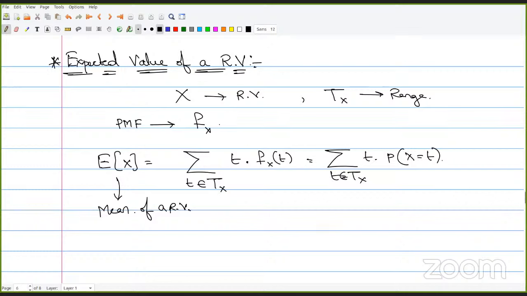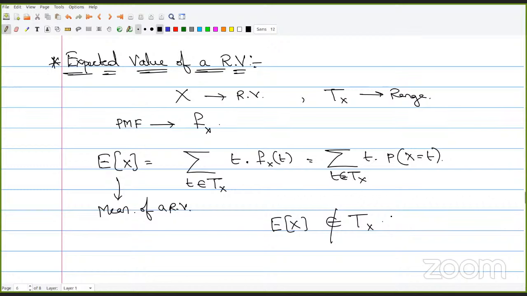Okay, and one important property of this expected value is, many people might not be convinced, or will think that we are going wrong: sometimes the expected value which we compute may not belong to the range of the values which x takes. It may come outside the set of values x takes, and even then it can be the expected value.